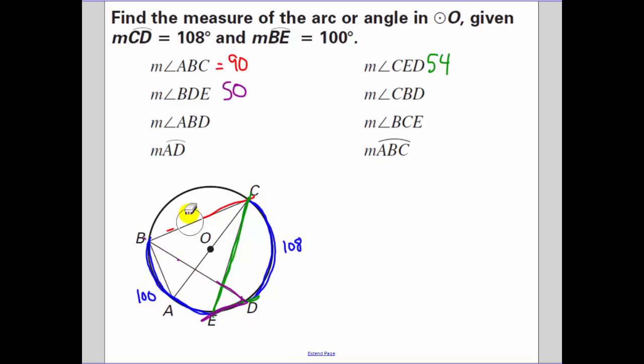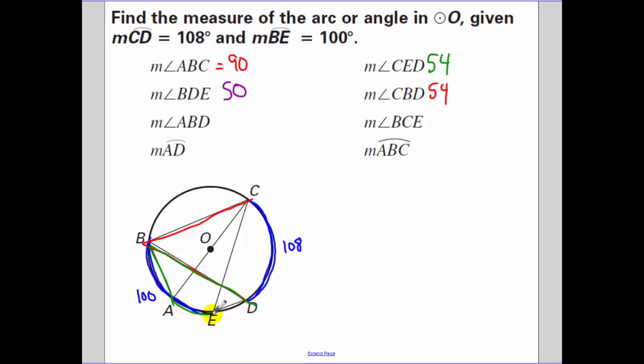Okay, let me do some quick erasing. All right. CBD. So CBD, again, that intercepts this arc that's 108, so that's half of 108, which is 54. Angle ABD. Okay, angle ABD. Let me highlight that.